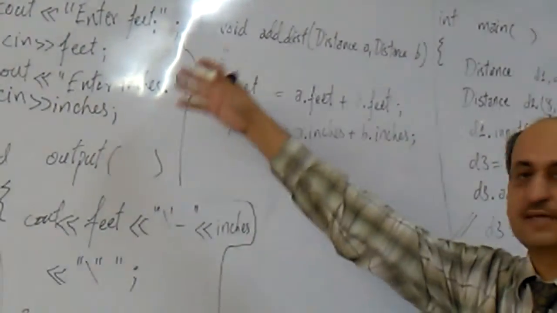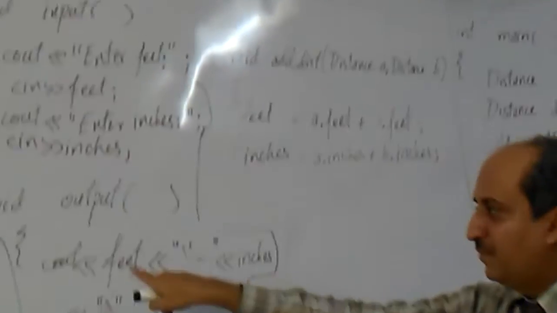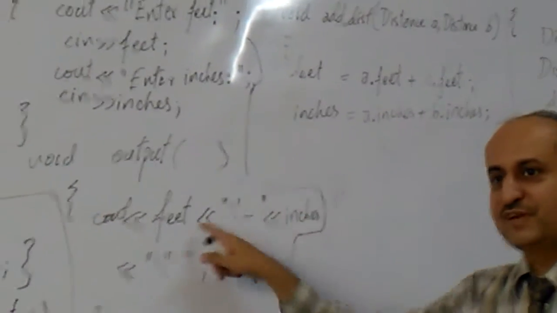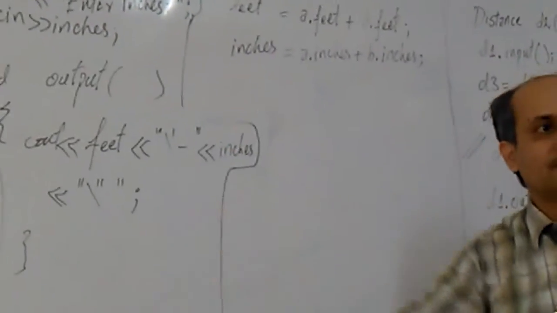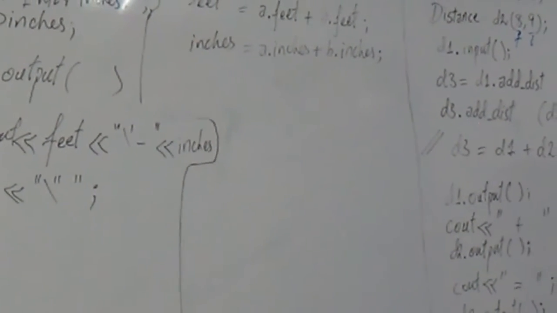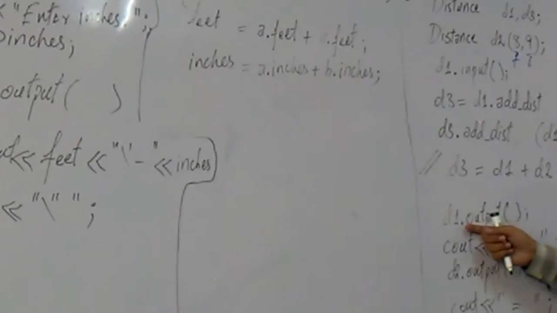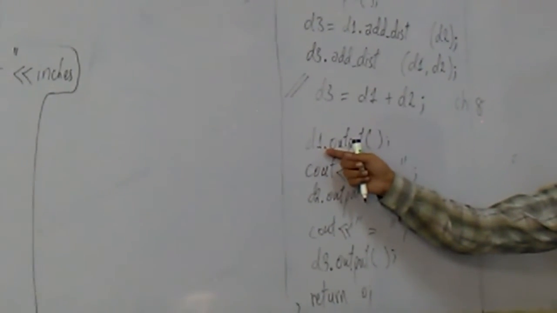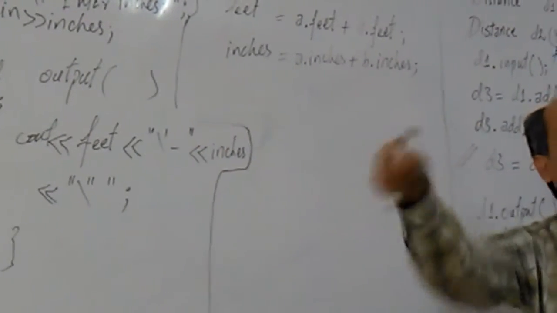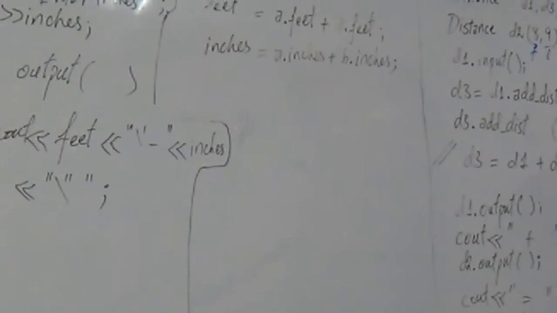We have practiced this thing in these functions. These feet and inches belong to D1, D2 or D3. It depends on the function call, on the statement. Over here, the calling object is D1. D1.output. So in this case, feet and inches are of D1, the calling object.